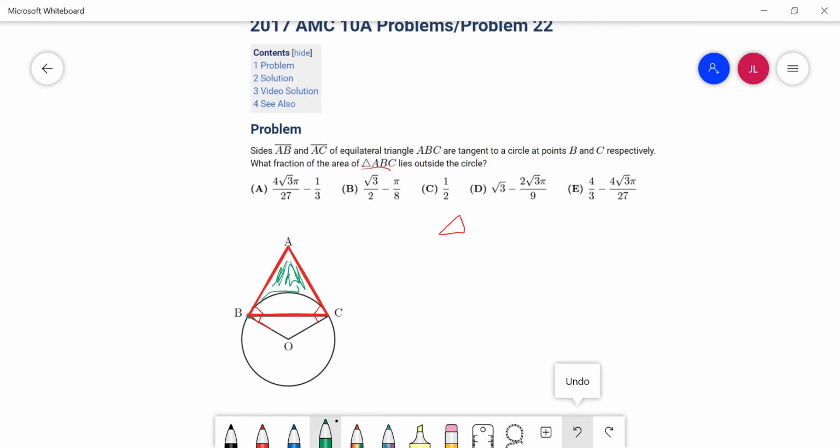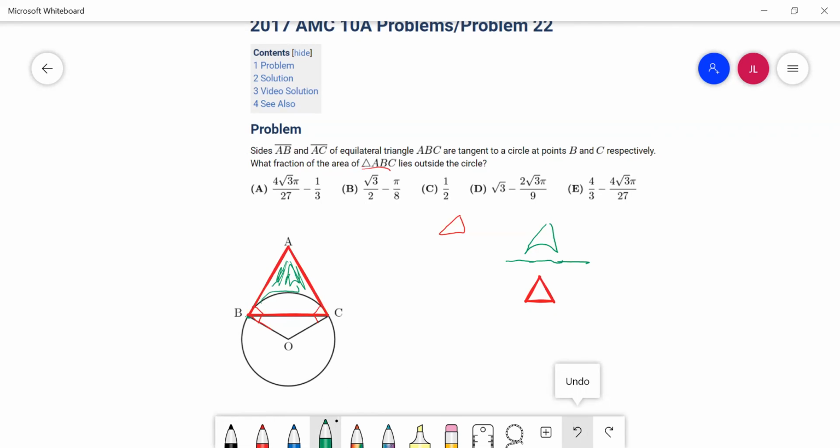Basically they are looking for the green part over the red triangle. This is what the question asks about.